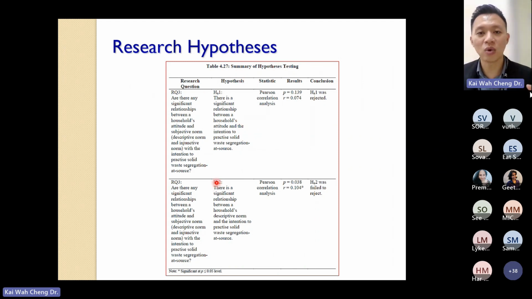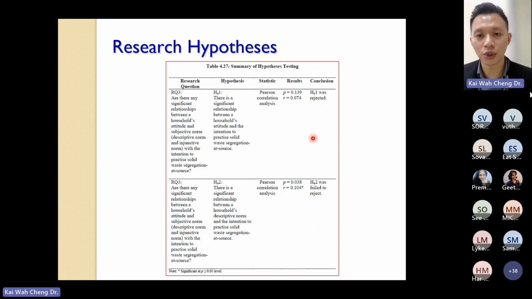So once we finish the data interpretation process, we should be able to check whether each hypothesis was rejected or failed to be rejected.